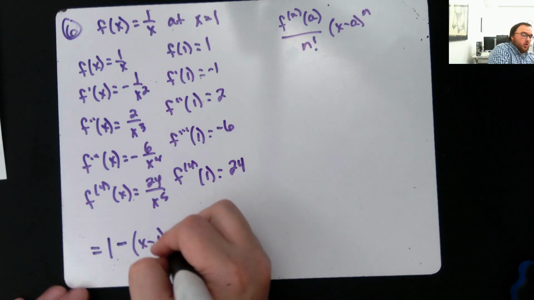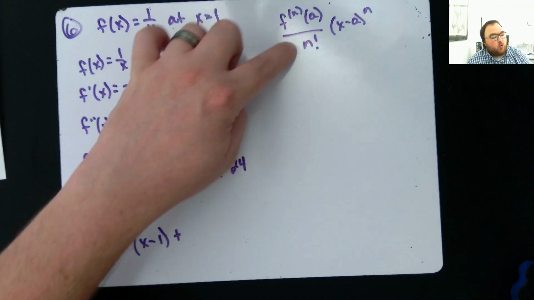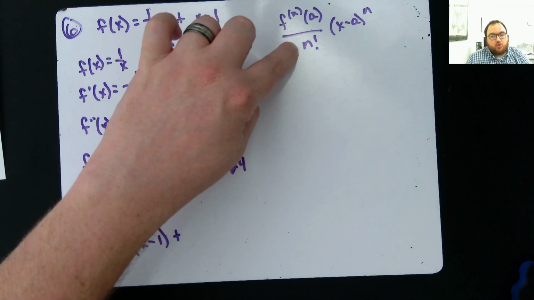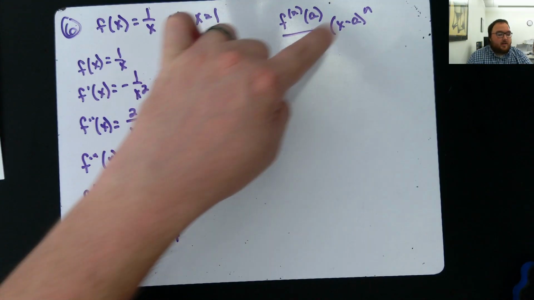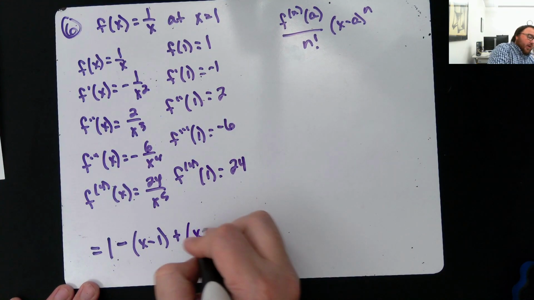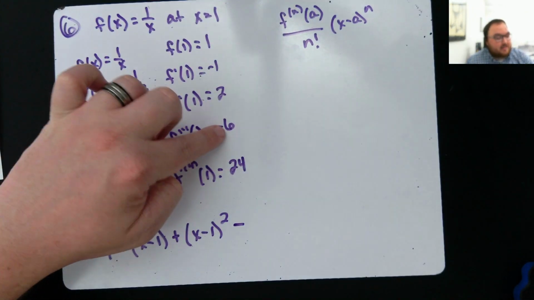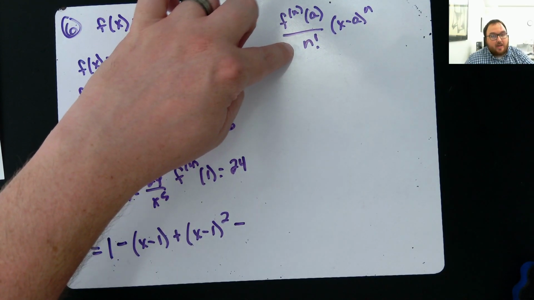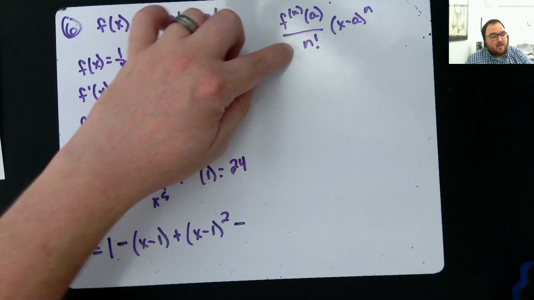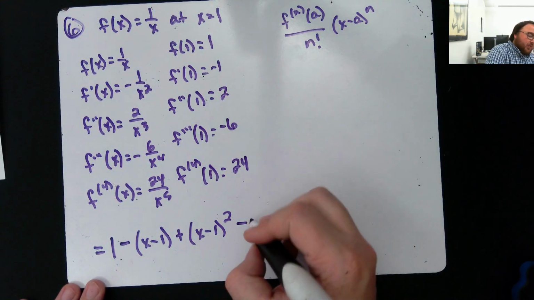Next one is 2 over 2 factorial. 2 times 1 is just 2, so this becomes 2 over 2, which is just 1, times x minus a squared, minus, I would have a 6 on top, but down here I do 3 times 2 times 1, which is also 6. 6 over 6 is just 1, so this would just be x minus a to the third.